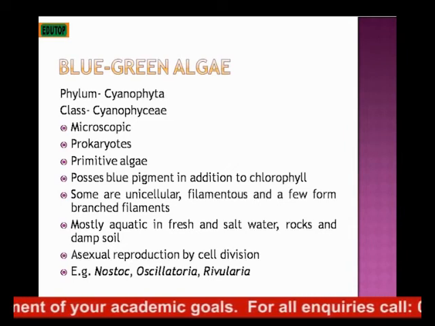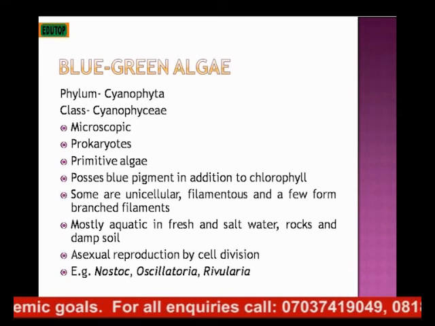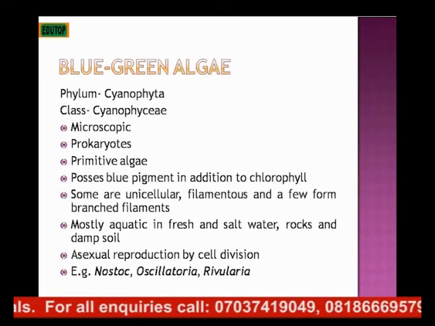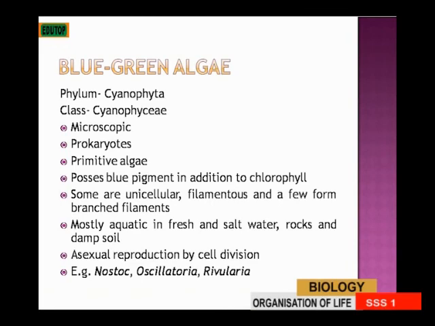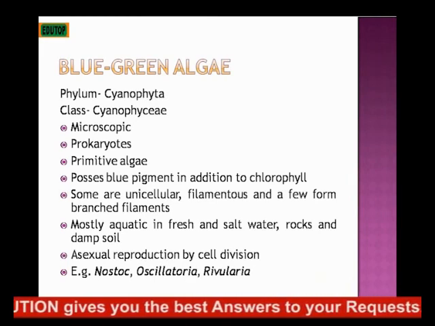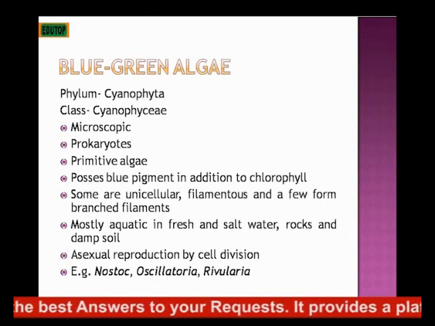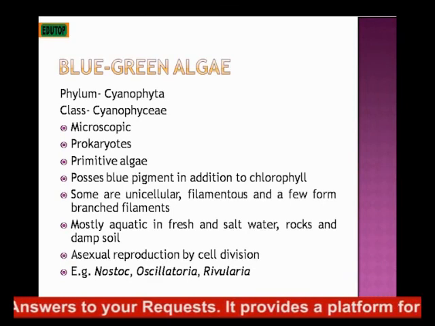Then some of them are unicellular. Some of the blue-green algae have one cell. They are filamentous. Then a few of them form branched filaments. Most of the time, blue-green algae are found in water. They are aquatic, both in fresh and salt water. You find them in rocks, in damp places where you can find water.